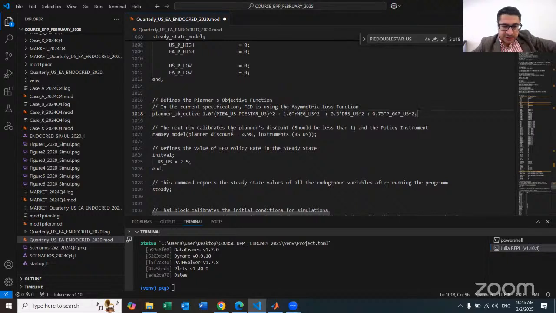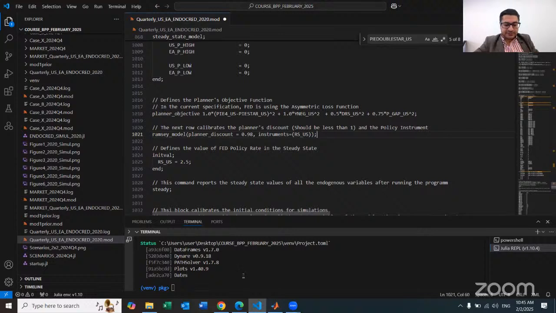And then the next row should be ramsey_model, and in the parentheses planner_discount 0.98 and instruments equals RSUS. So what is this thing doing, the Ramsey optimization?